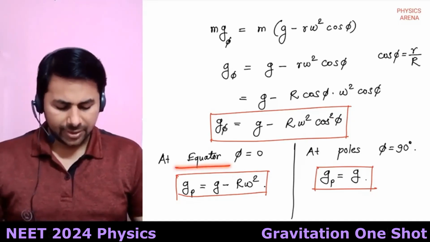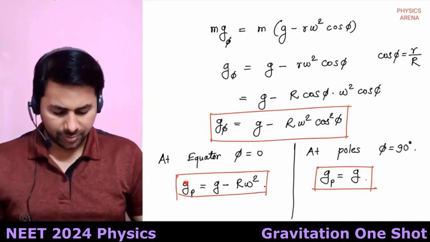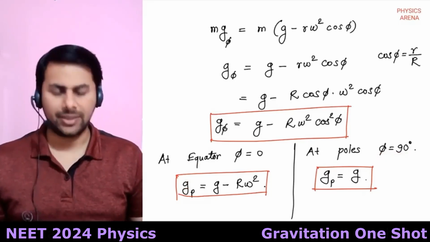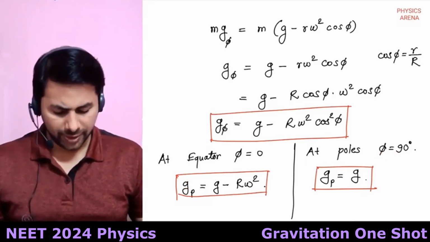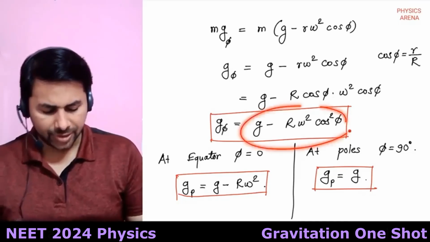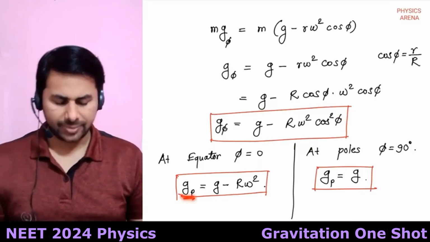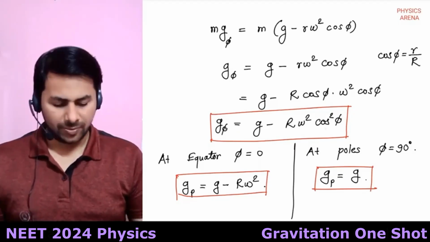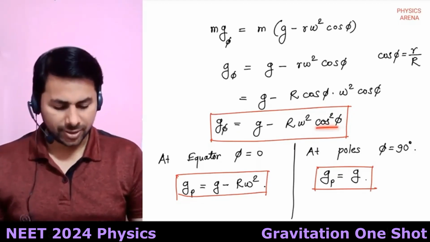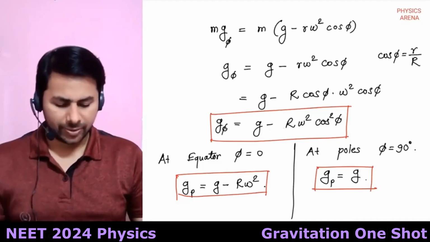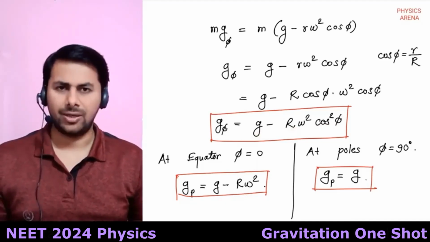So at the equator phi is equal to 0, and at poles it is 90 degrees. So see, this variation in acceleration due to gravity because of rotation of Earth is maximum at poles because phi is 90 degrees, cos of phi would be 1, and therefore it is g minus R omega square.